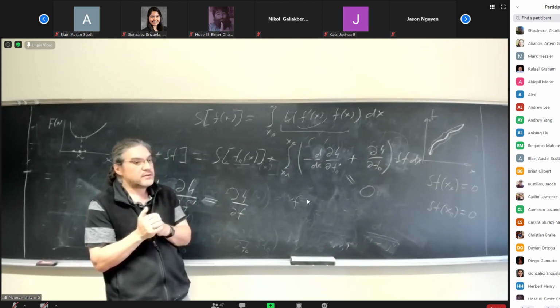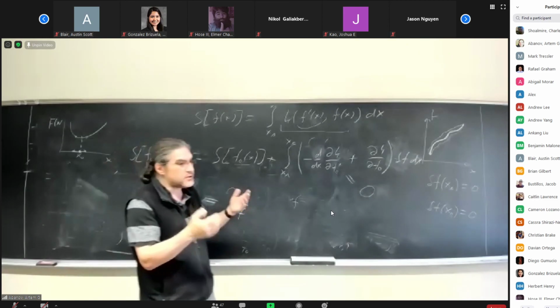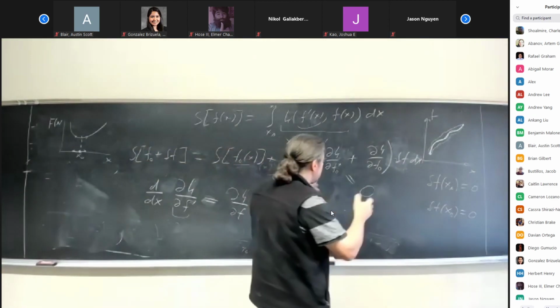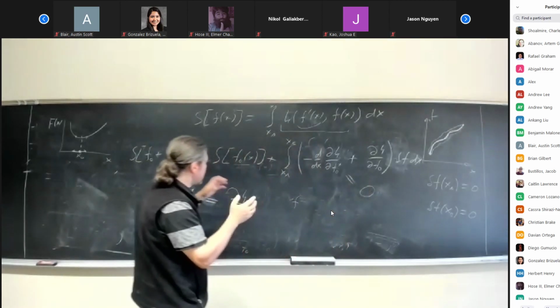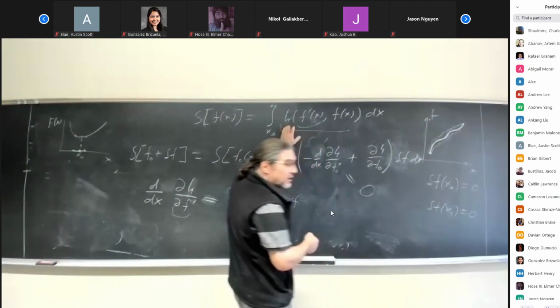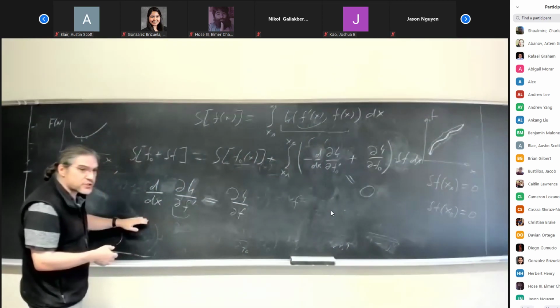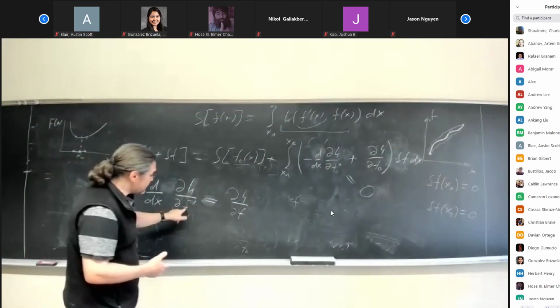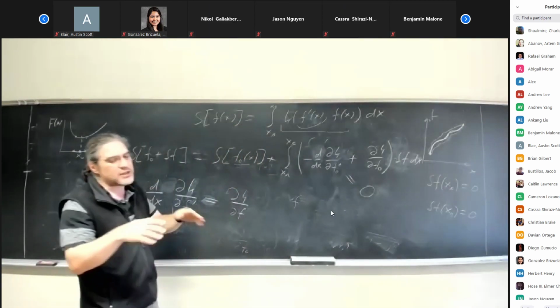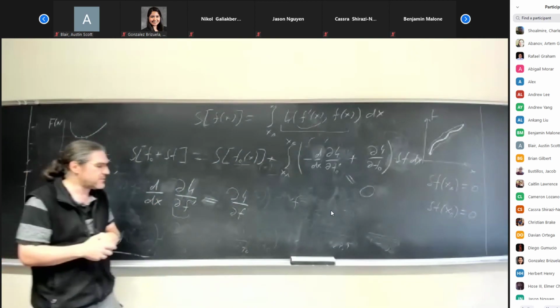So it's not a proof. There is something more if you want to consider it a mathematical proof. But what I'm saying is that if you know the functional, it means that you know the function L. You can write this equation right away, and the solution of this equation will provide you with the minimum. Well, actually, it will provide you with an extremum, but it usually is a minimum.